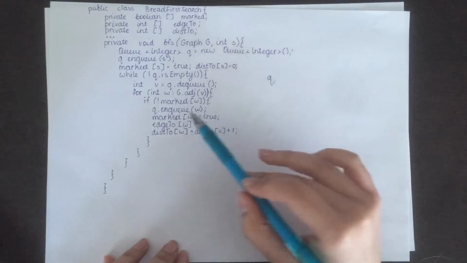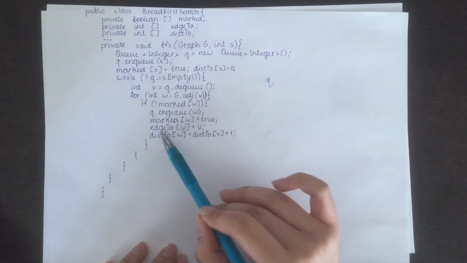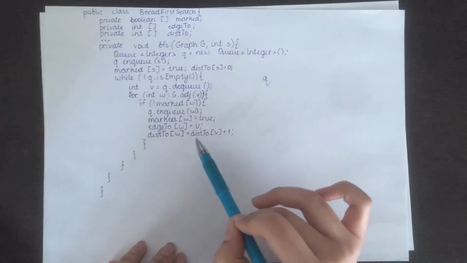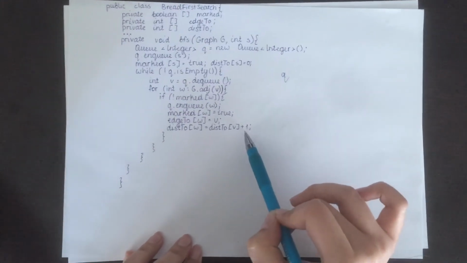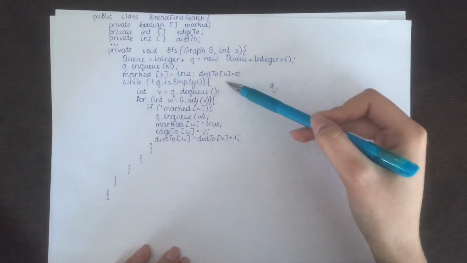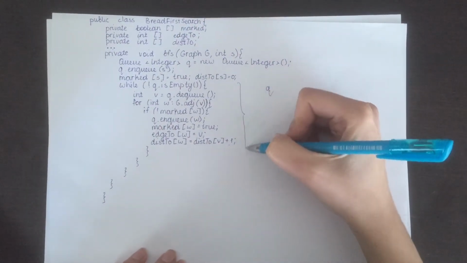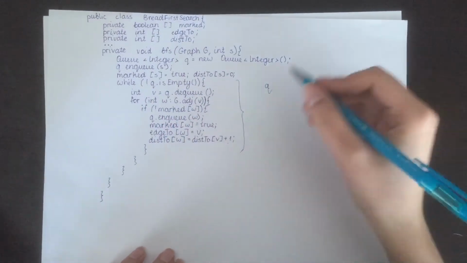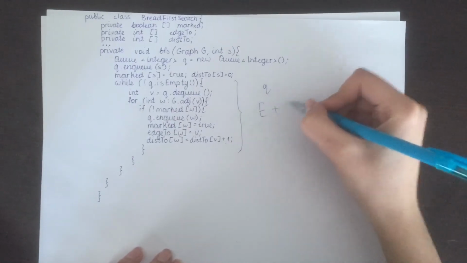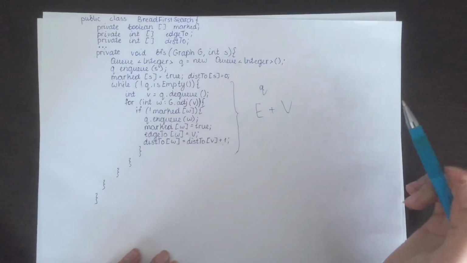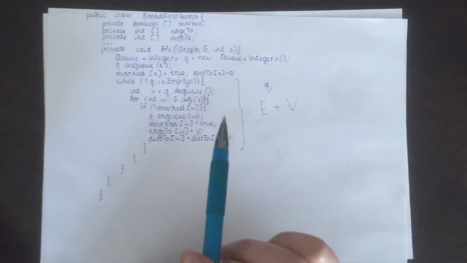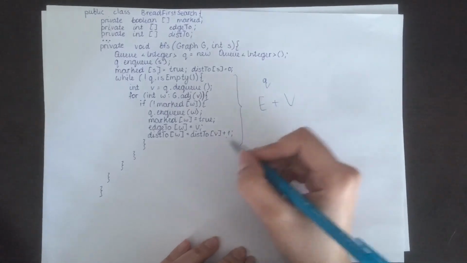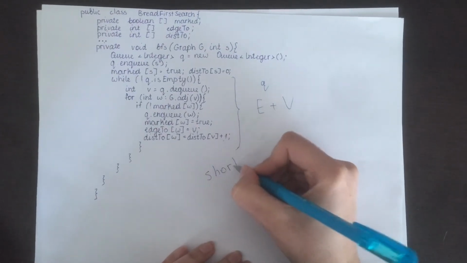Then we mark it as true. edgeTo w is v, and distance to w is distance to v incremented by 1. And this is our algorithm, repeating while our queue is not empty, with time proportional to E plus V. So the very important application of breadth first search is shortest path.